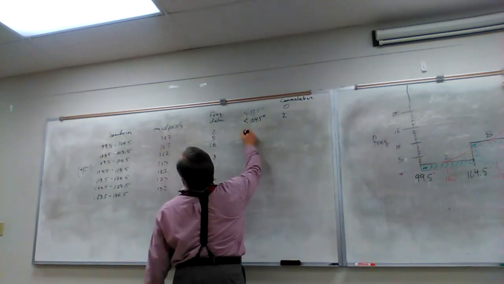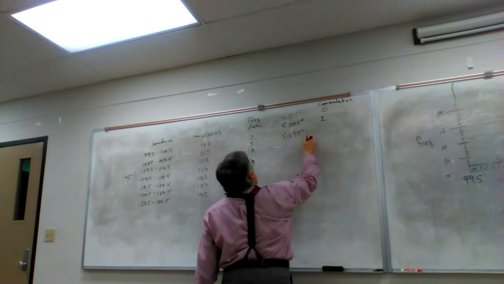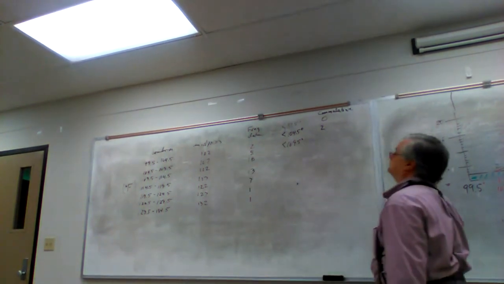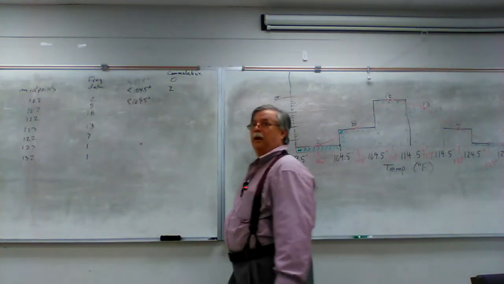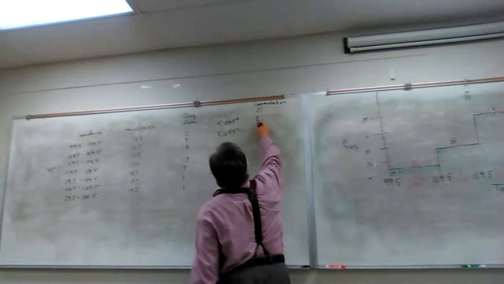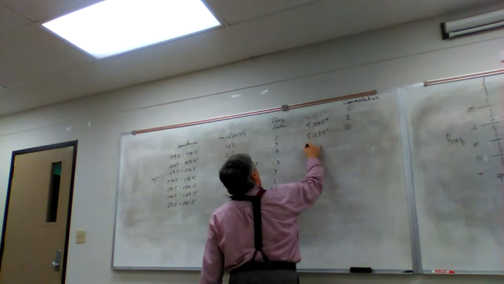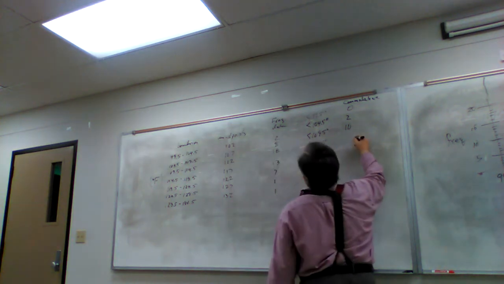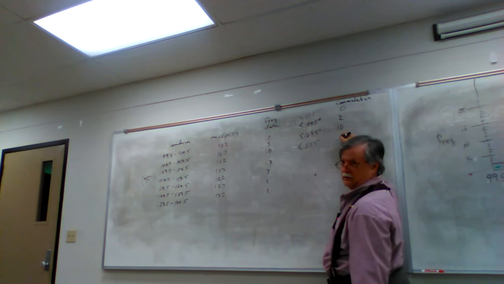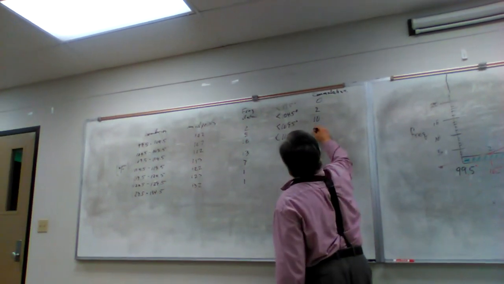Next, we go to less than 109.5. And how many do we have? 8 plus the others would be 10. Go to less than 114.5, and we have up to that point another 18, so we are up to 28.